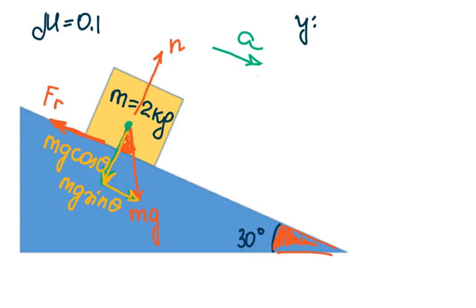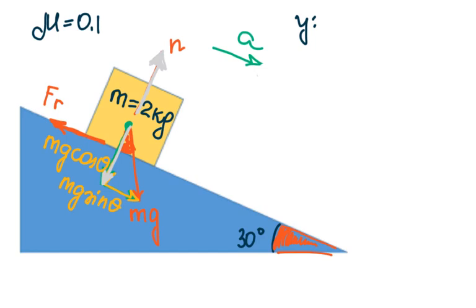On y, my forces cancel each other. So on y, I have the normal force, and I have mg cosine. These two forces cancel each other because there's no acceleration on the y-axis.